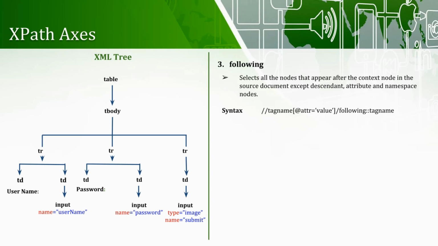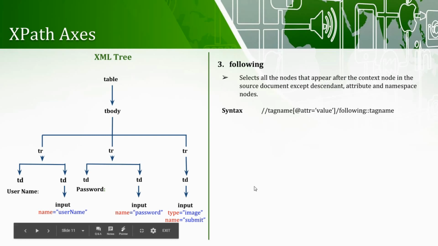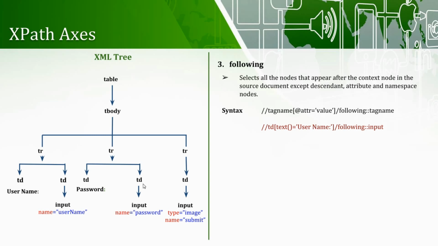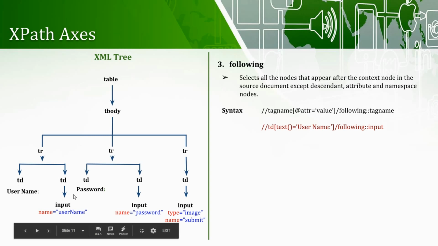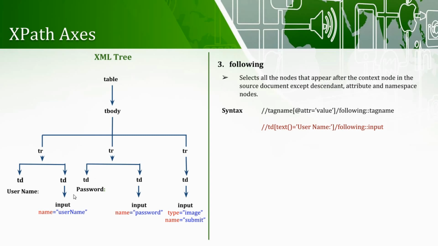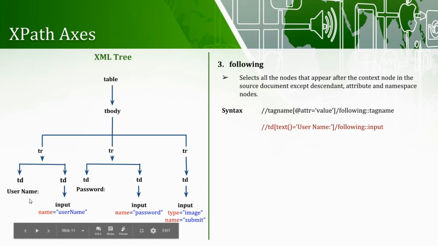Now in this XML tree, if I consider an example of td, that is here. How many td's are there? There are 5 td's. Now I have applied a condition that the text should be equal to username, so I have only one td for which the text is username. Now the following of this td will be everything that falls after this td.